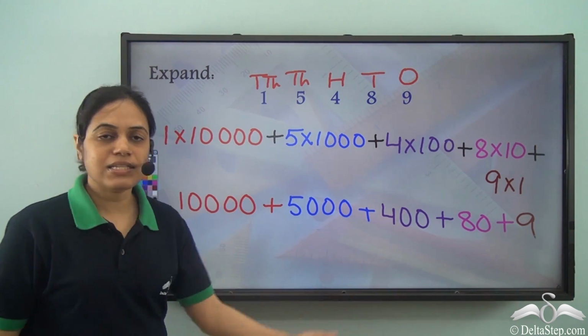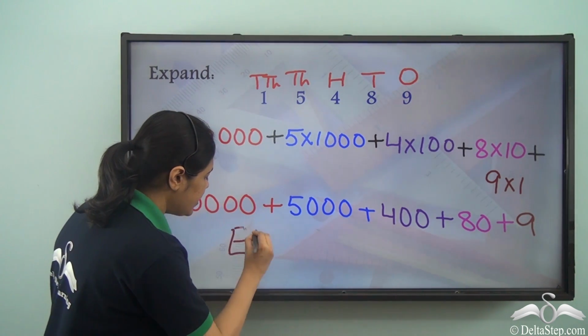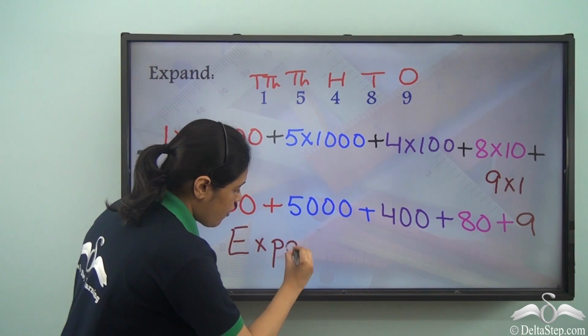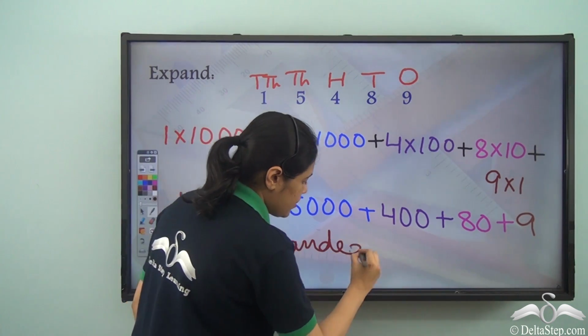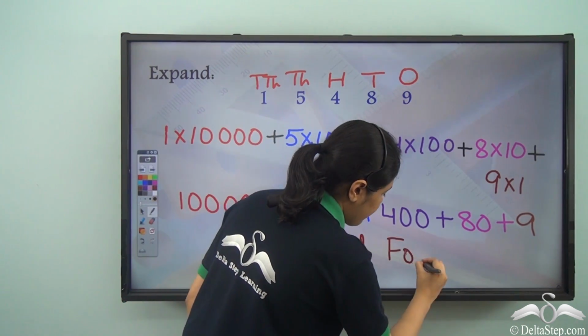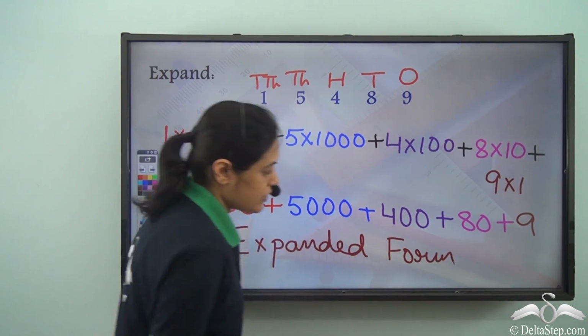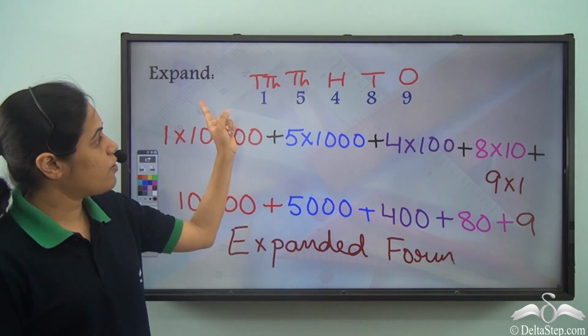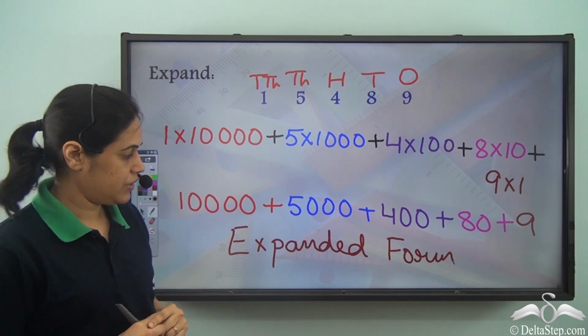So this is the expanded form of the given 5-digit number. This is the expanded form of this number.